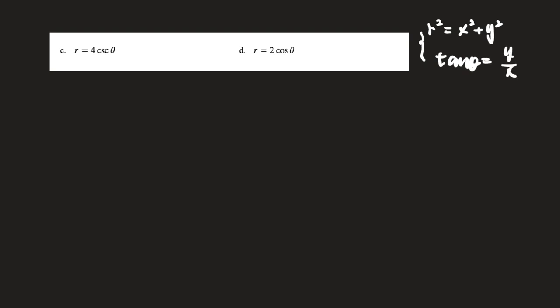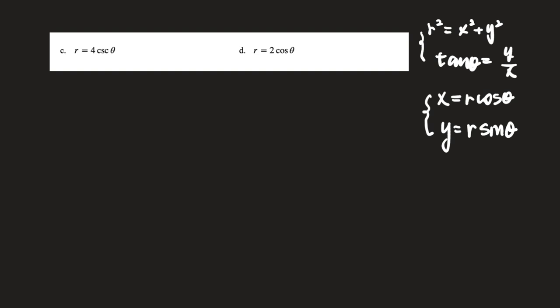That's the conversion from rectangular coordinate to polar coordinate, right? Then the other one is x equals r cosine theta, y equals r sine theta. This one is polar coordinate to rectangular coordinate. So we're going to use this conversion formula to change this equation.